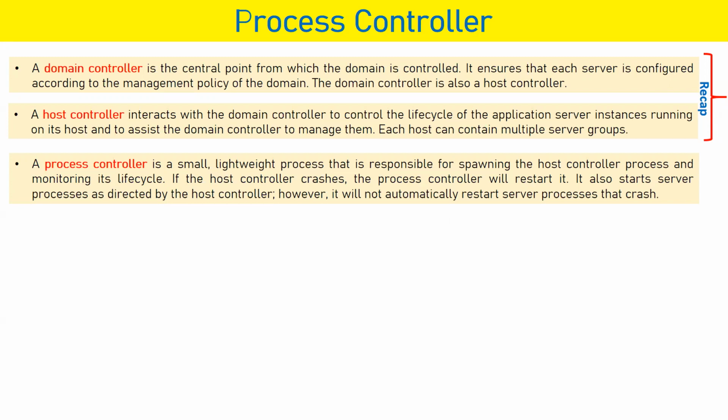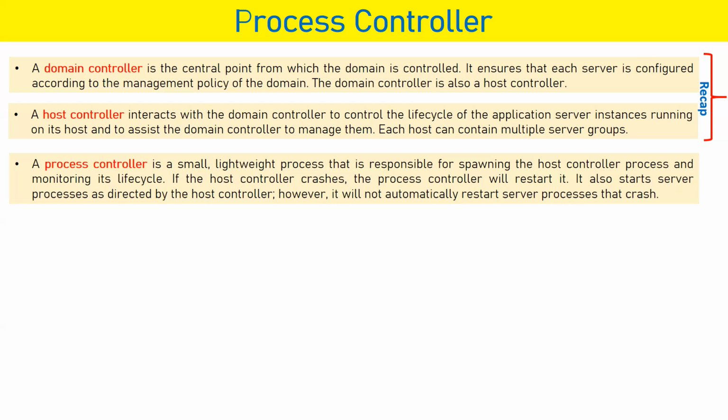When we talk about the host controller, apart from the domain controller, we have an individual controller on each and every host, which we call a host controller. As I said, the domain controller is a centralized point from where we manage all of the standalone instances running on different servers.